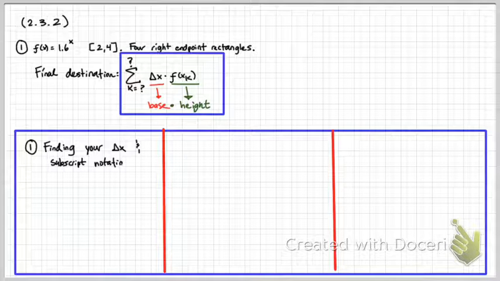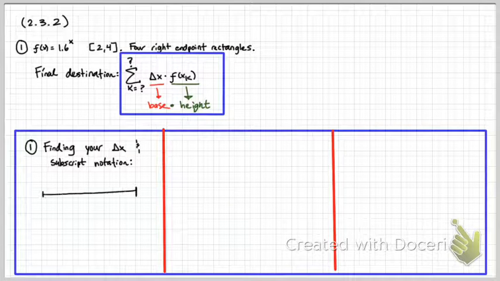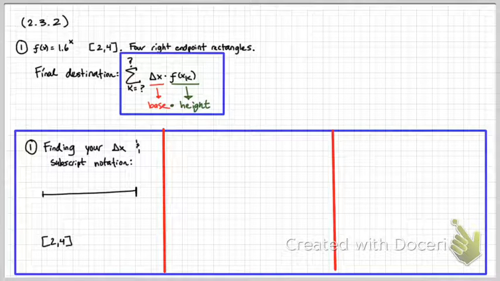I'll go ahead and copy this in for you. Alright, so you get a number line, and here's where we start. Draw your number line out. My domain, I know, is from 2 to 4. And we have 4 right endpoint rectangles.